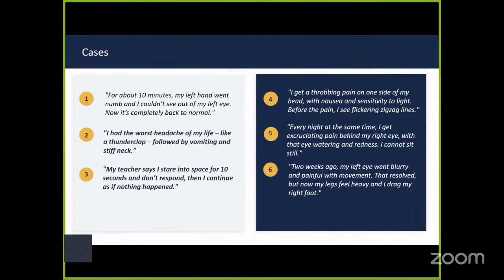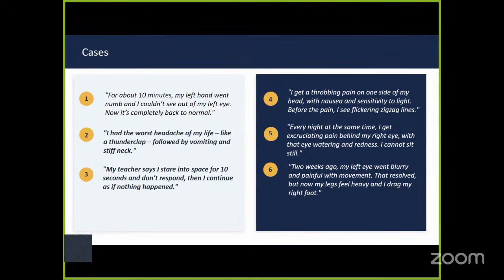And a lady tells you she had the worst headache of her life, like a thunderclap headache, followed by vomiting and stiff neck.